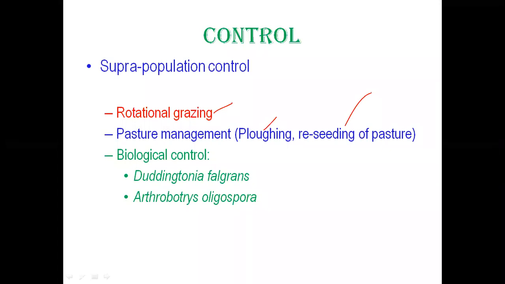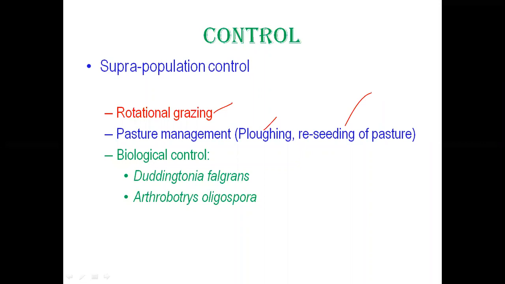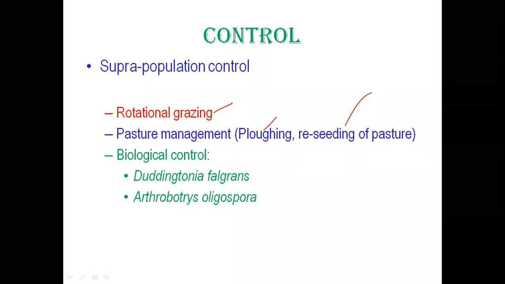And another one is biological control. Duddingtonia flagrans and Arthrobotrys oligospora. These fungi are fed to cattle or to sheep and goat. The fungus does not hatch, does not produce spores or anything, and does not cause any harm inside the ruminant. And when it comes out with the parasitic eggs in the feces, in the cow dung, the fungus produces mycelium, which entraps the larvae.